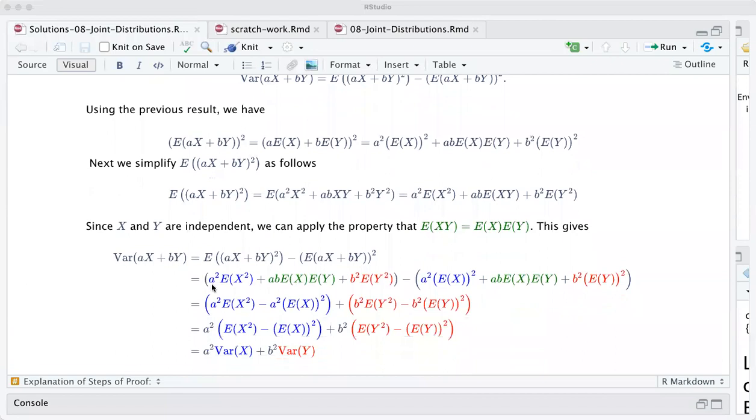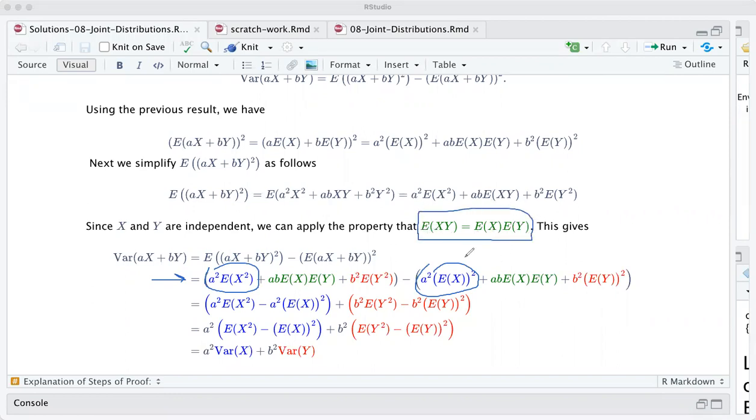At this stage, we are going to group the blue terms together. I've got this one over here, and together they give me a squared E of x squared minus a squared E of x squared. Similarly, we get a term that has b squared E of y squared minus b squared E of y squared. And for the terms that have the expected value of x and y, we had this property up above.